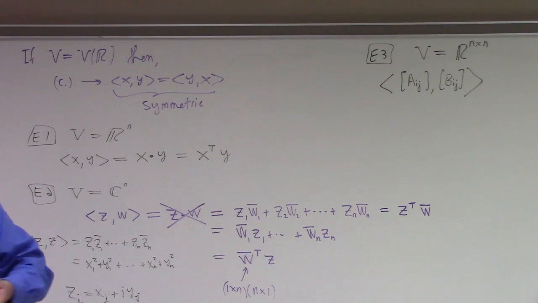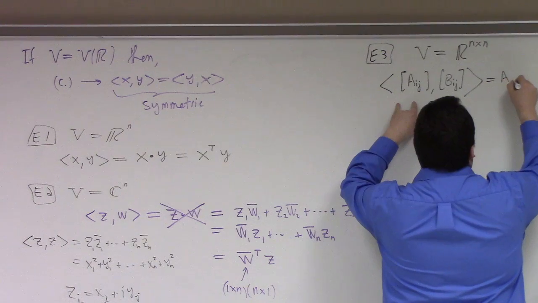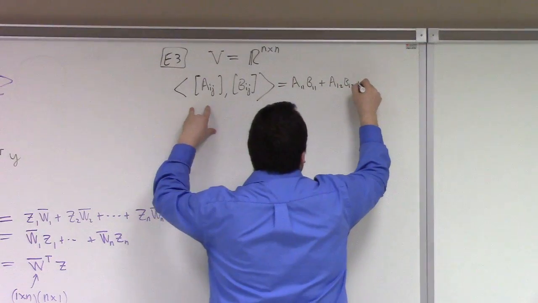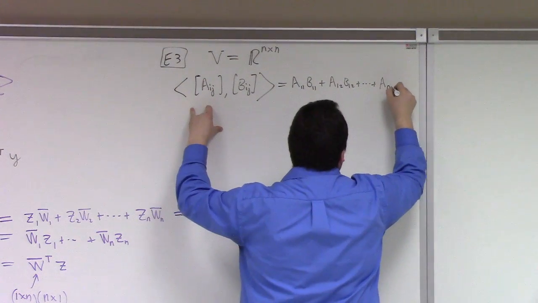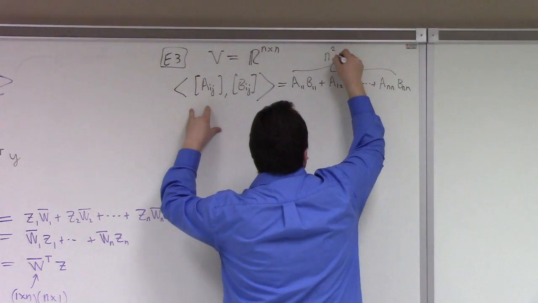So that formula would give you a11 b11 plus a12 b12 plus up to ann bnn. There are n squared terms, yeah?